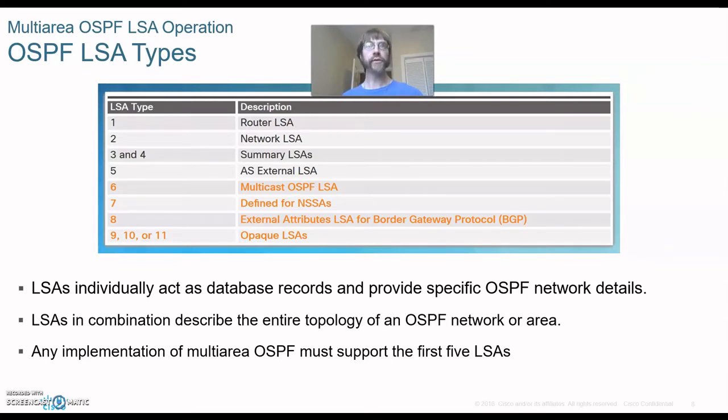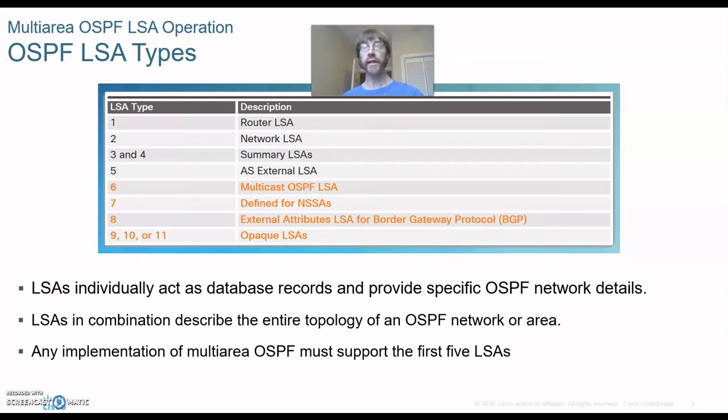A type 5 is if you have a route that comes from outside the AS, the autonomous system. For example, the default route, which you create and then advertise on router 1 in lab 9228, would be a type 5.